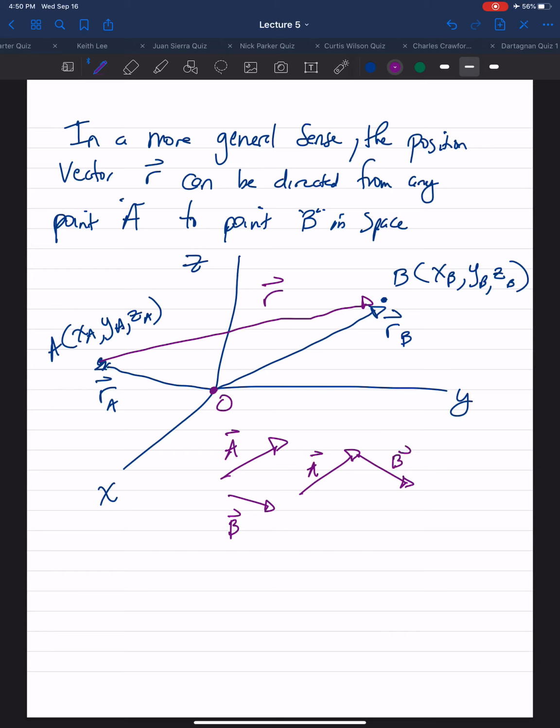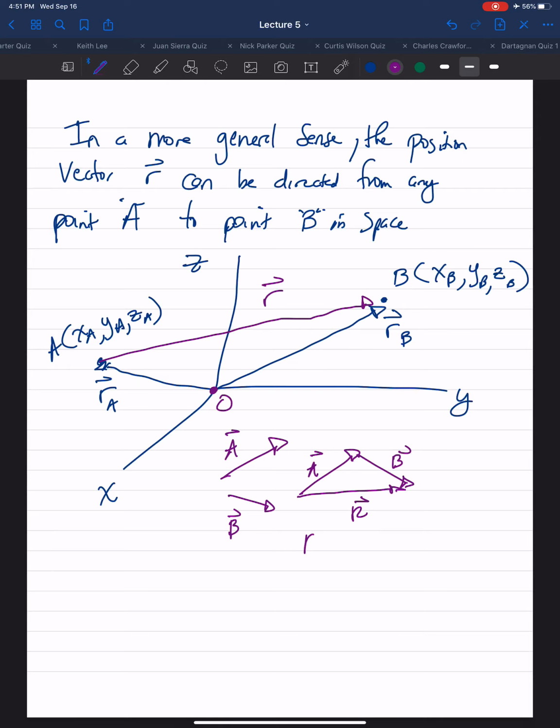Then the resultant in the triangle rule is from the tail of A to the head of B. In this case, our A is the origin to RA, and then the head of RA is the vector R. So our resultant is RB.